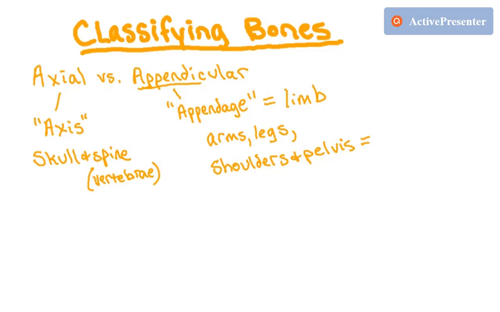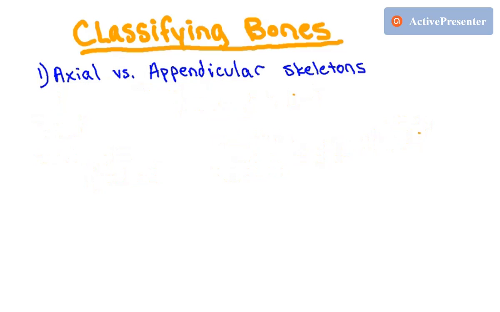And those are what we call girdles, because those are where your limbs attach to your axial skeleton. Your legs attach at the pelvis to your vertebrae, and your arms attach at the shoulders to your vertebrae. So those are called girdles. But so appendicular is just your arms and your legs, and axial is your skull and your spine. So your first way of classifying bones is your axial skeleton versus your appendicular skeleton.